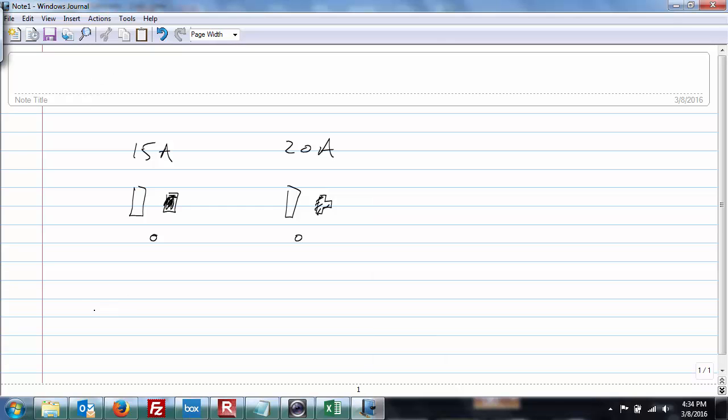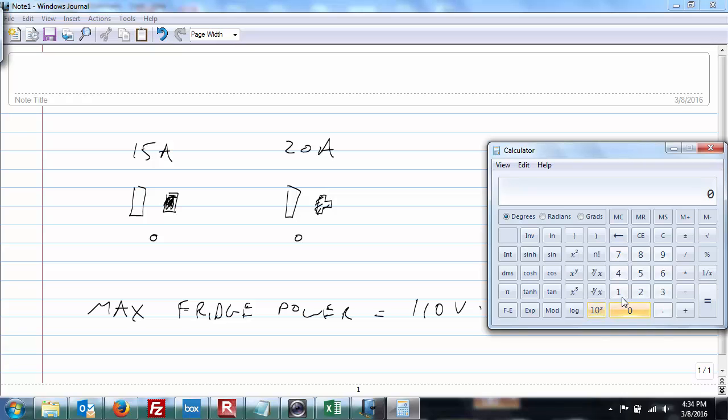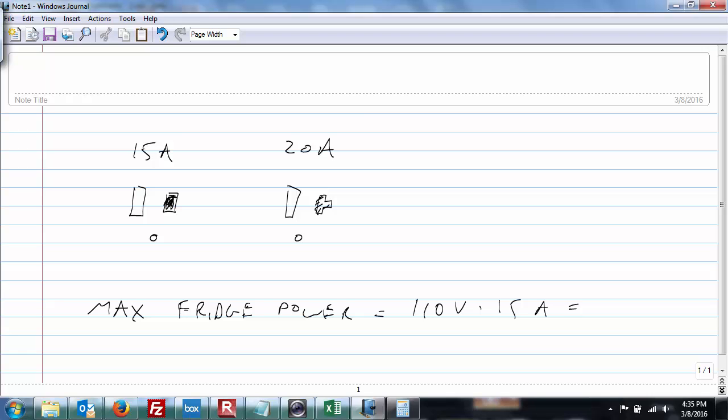So the max fridge power equals, let's just say, 110 volts times 15 amps. 110 times 15 equals 1650 watts. This is going to be a max for a 15 amp circuit.